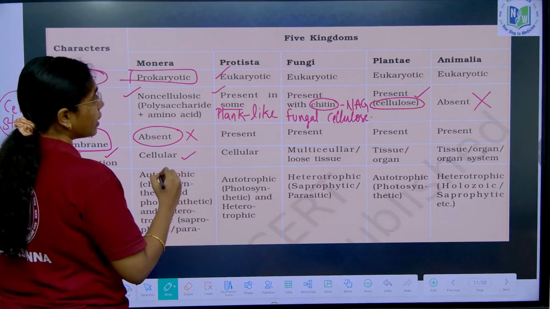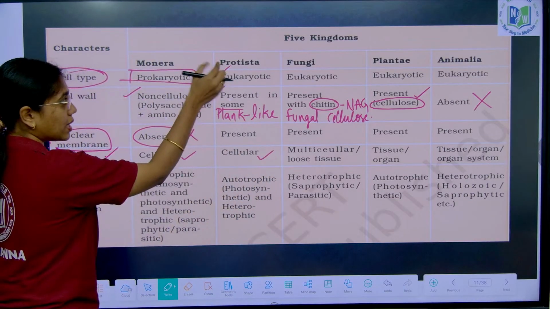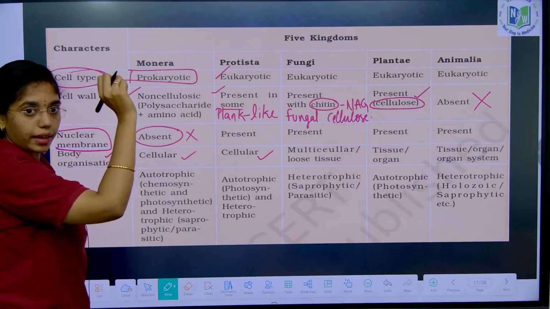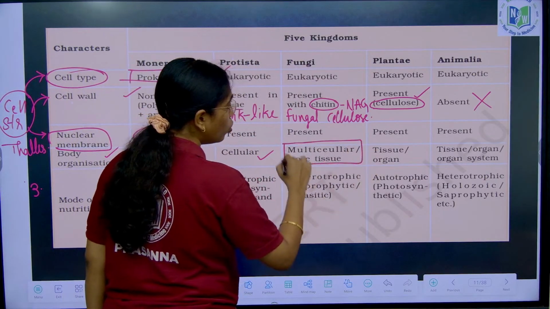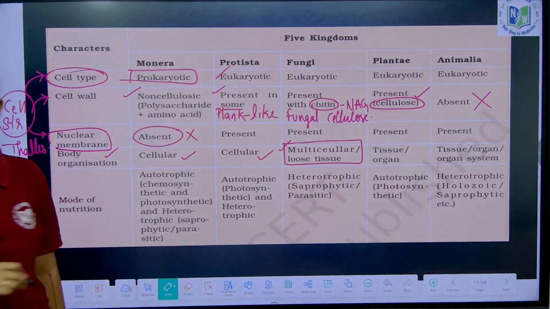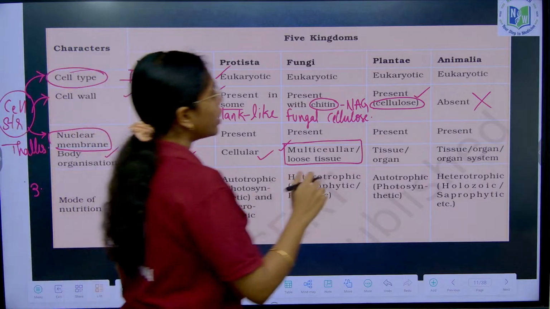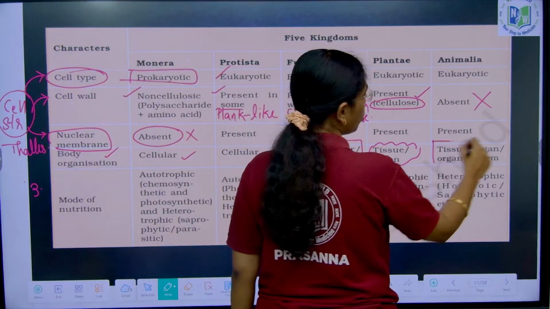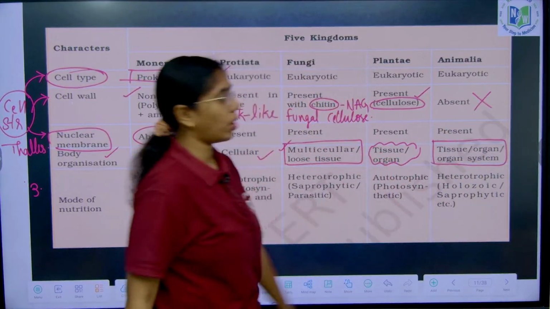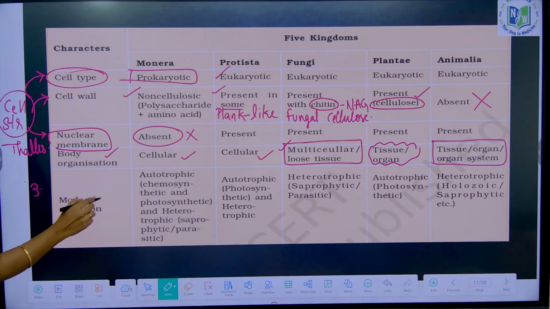It is cellular in Monera, cellular in Protista also, because unicellular prokaryotes and eukaryotes are there, right? In fungi, this is multicellular loose tissue type of organization. Tissue and organ level of organization in Plantae, tissue, organ and organ system level of organization in Animalia. Remember the hierarchy, important.